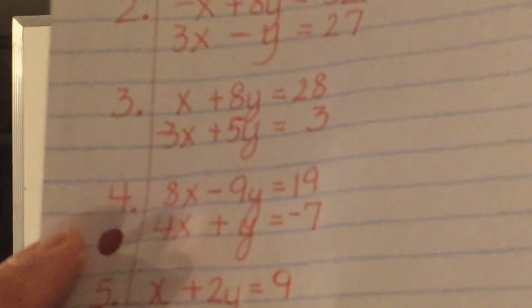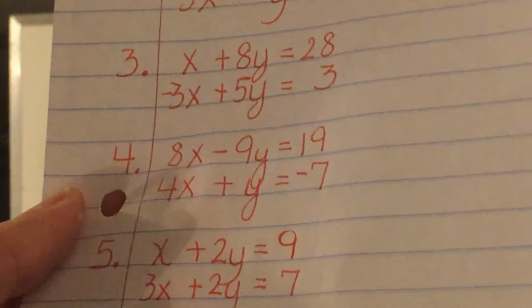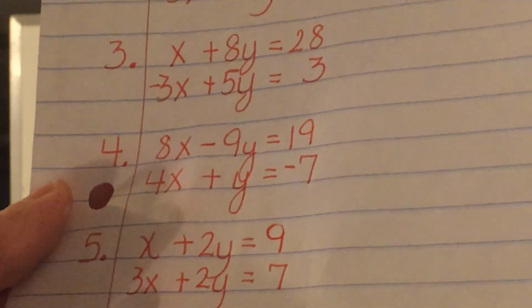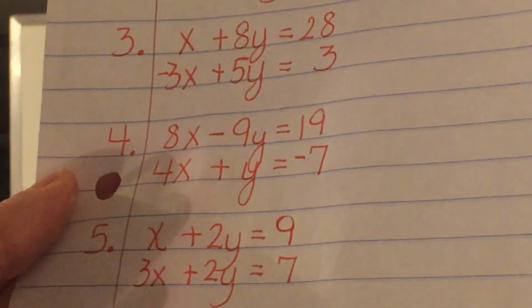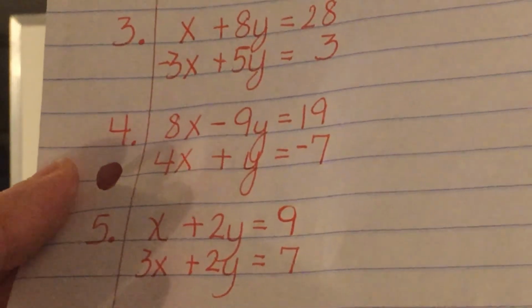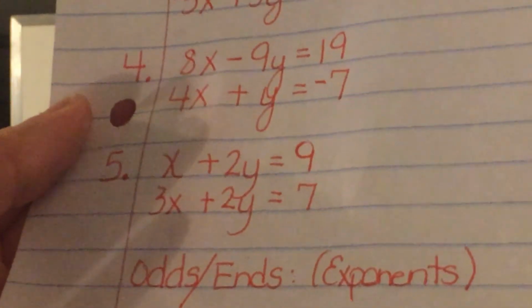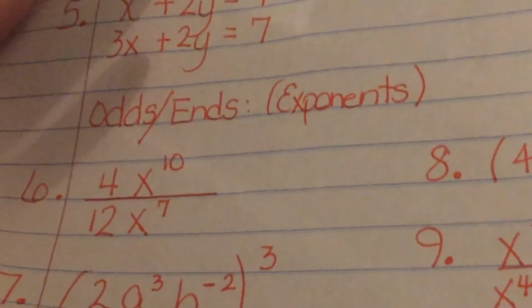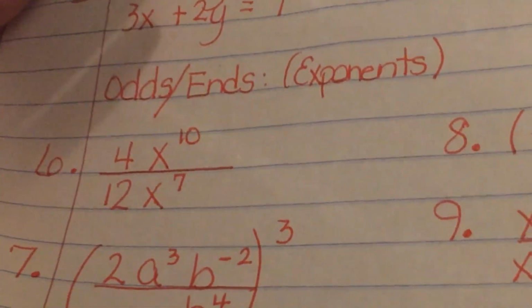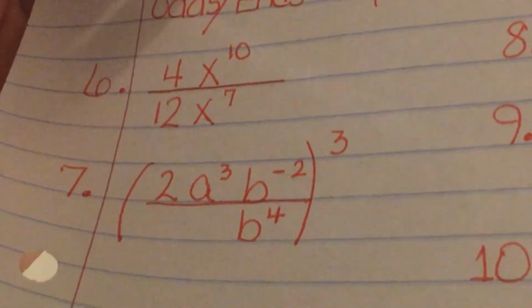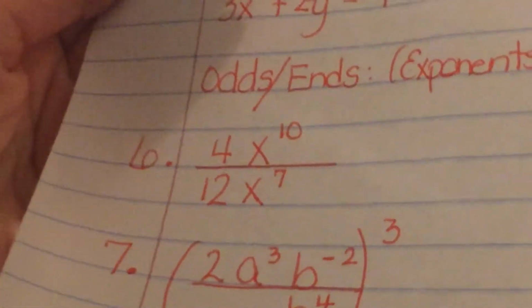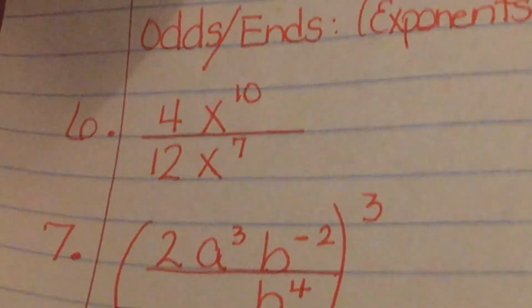And questions 3 and 4, I'll hold that up for a few seconds. Okay, 3, 4, and 5. Odds and ends. Ooh, exponents. I hope you remember. If not, you can go back and look up a YouTube video on that.